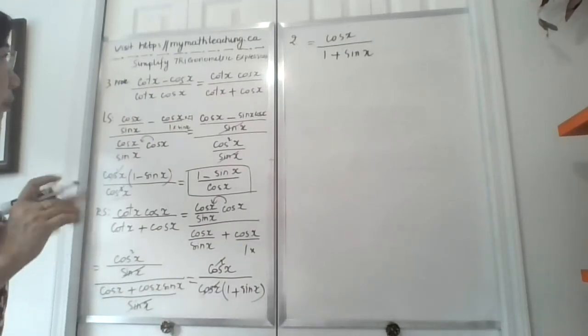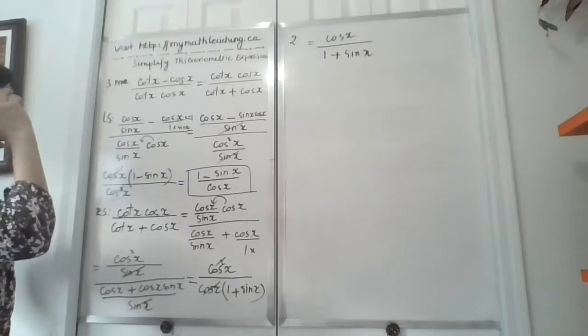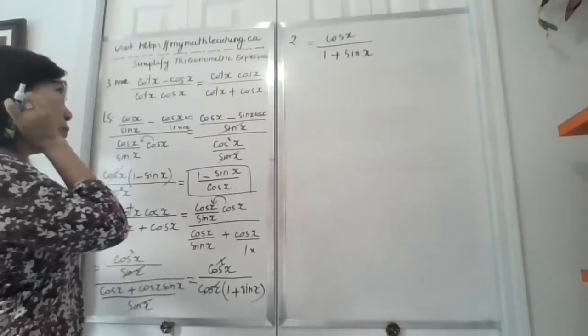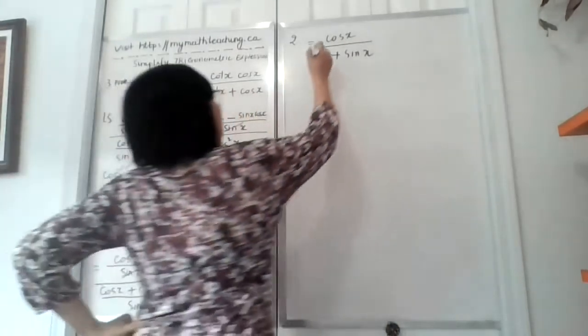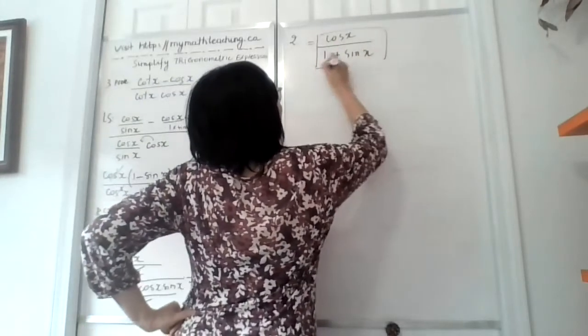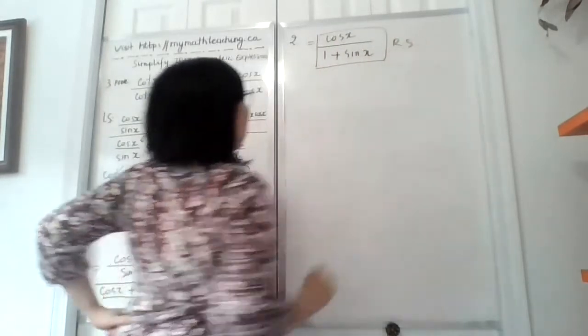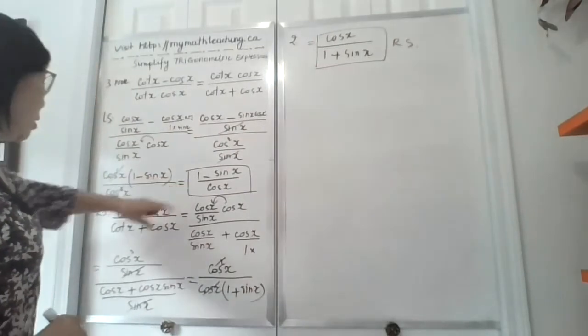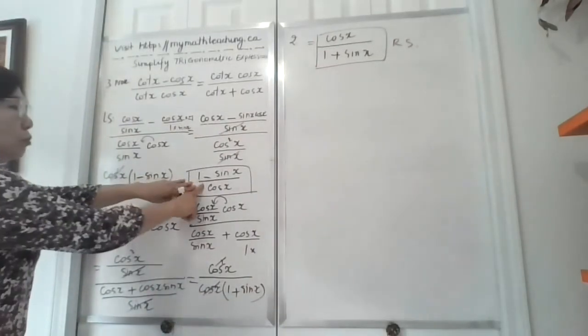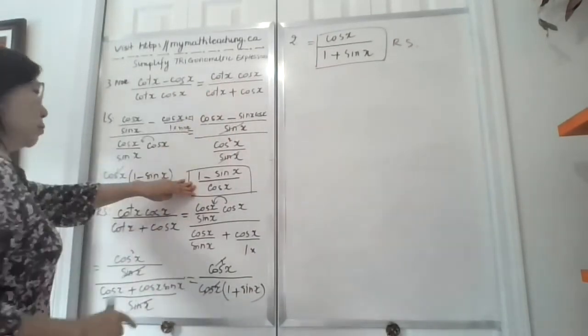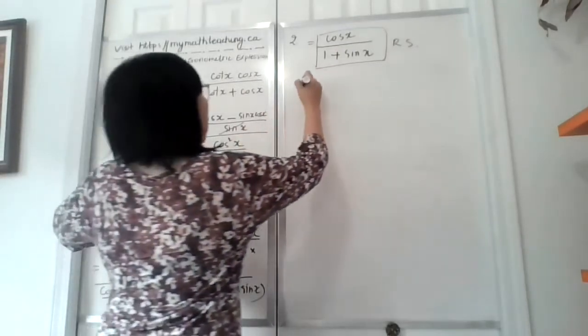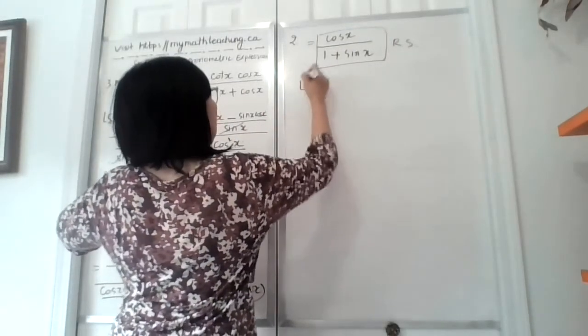I don't know. Let me think about it. I'm going to just leave the right as this one. Let's leave it for now. I'm going to continue. Instead of stopping here, I'm going to continue to do something about this to lead this up to there. So I'm going to copy the left again.